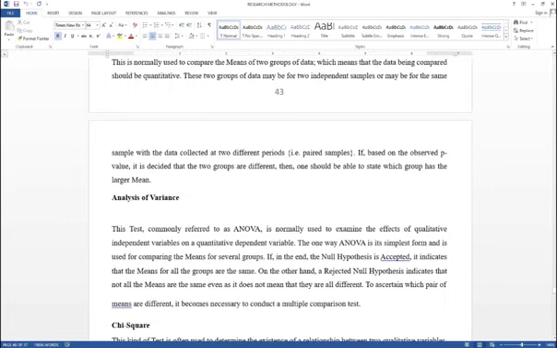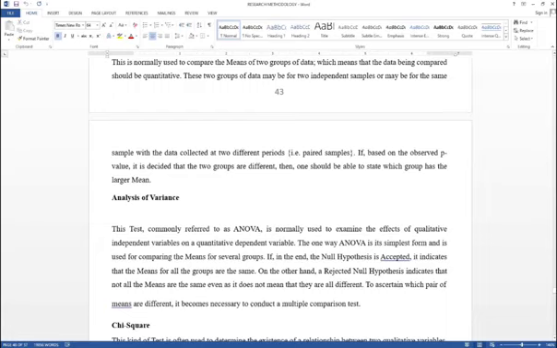If in the end the null hypothesis is accepted, that means all the groups are the same. The mean for each group is the same as the mean for the other groups. On the other hand, a rejected null hypothesis indicates that not all the means are the same.